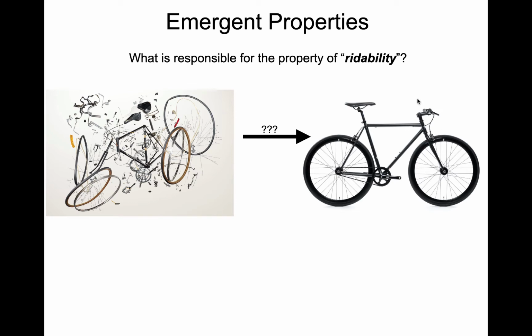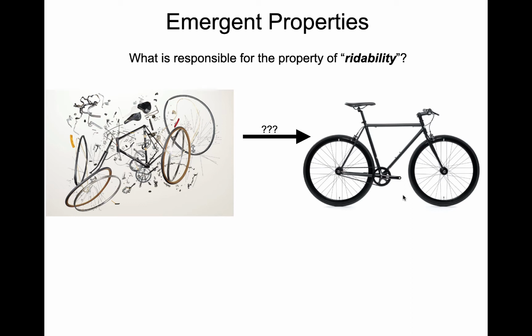However, here in pile number 2, you've got this property. It's rideable. You can get on that and you can ride that bike. So the question is, this is a property, the rideability of the bike. Pile 1 doesn't have rideability. Pile 2, or picture 2 here, does have rideability.